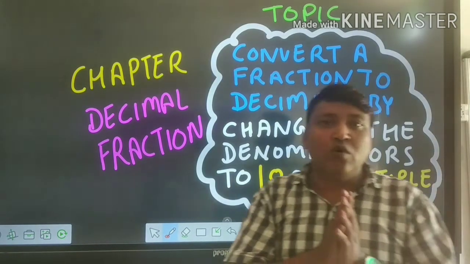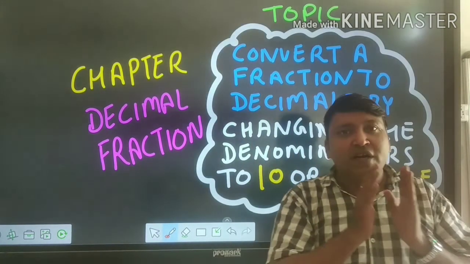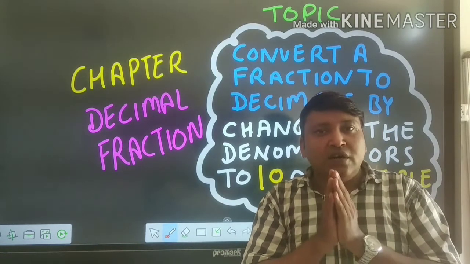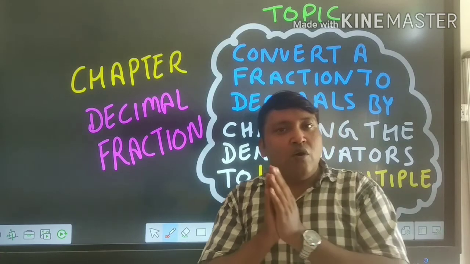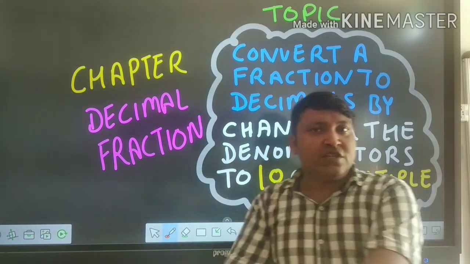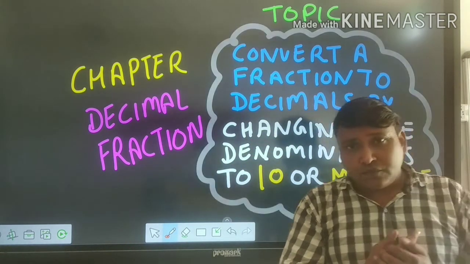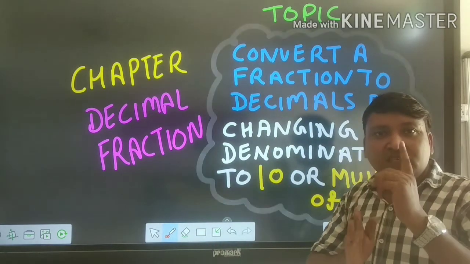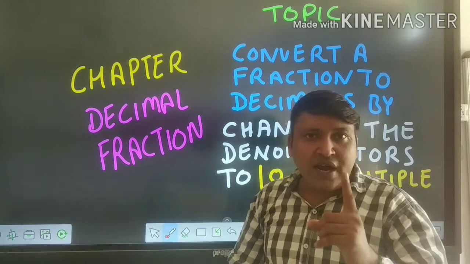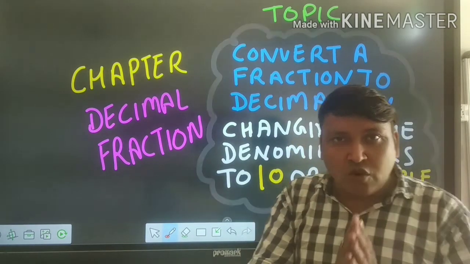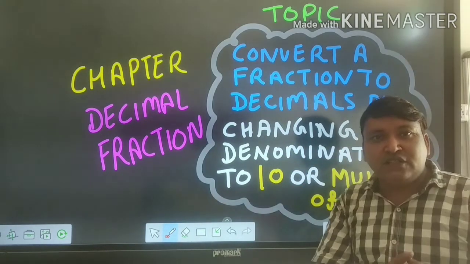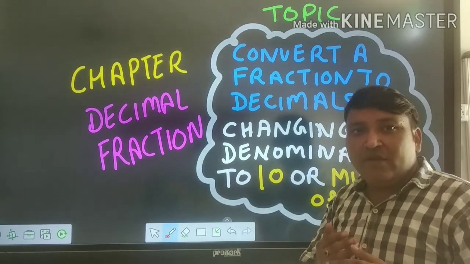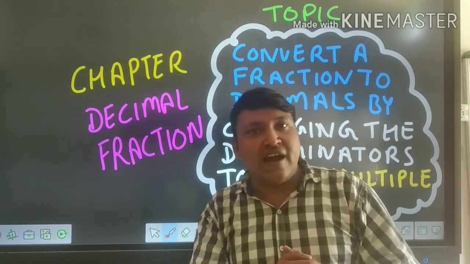Here you will have to make the denominator 10, 100, 1000, 10,000, lakh or the same type of numbers, where the denominator involves just the two digits, only 1 and 0.